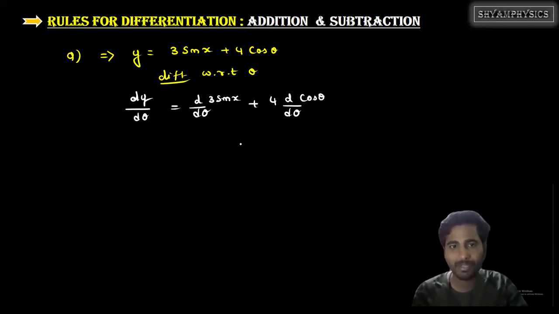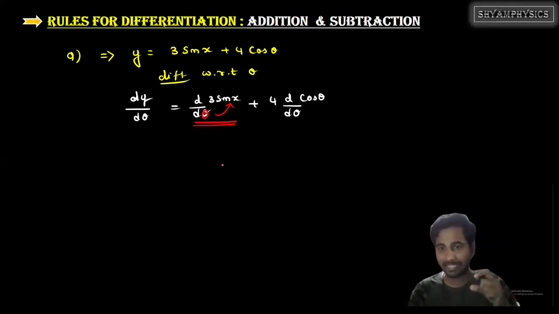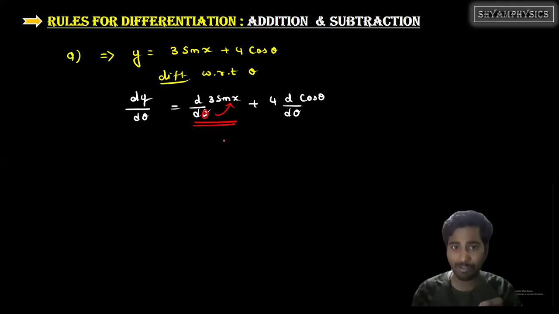Correct my point? Now coming to the point here. In this first term, we need to differentiate with respect to theta, but the function is x. X and theta are not related here. Means now with respect to theta, x is constant. If x is constant, then the first term answer will become 0.